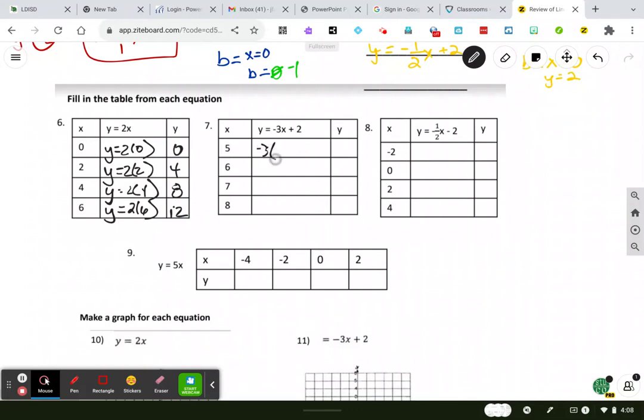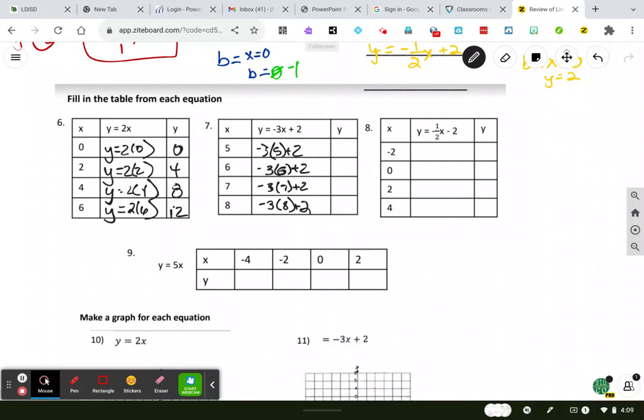-3 times 5 plus 2, -3 times 6 plus 2, -3 times 7 plus 2, -3 times 8 plus 2. So all I did was plug in those numbers that I have for x.